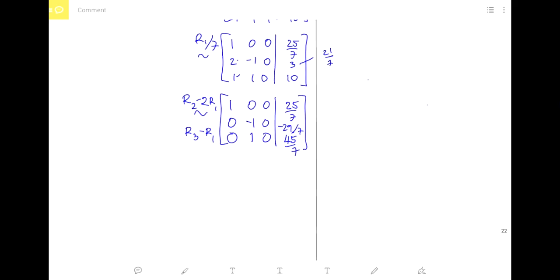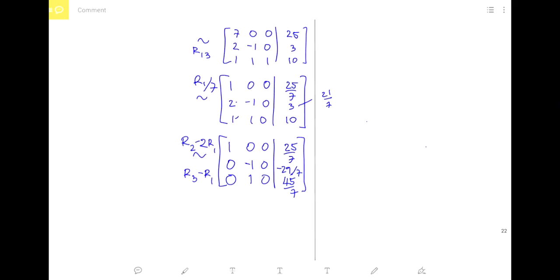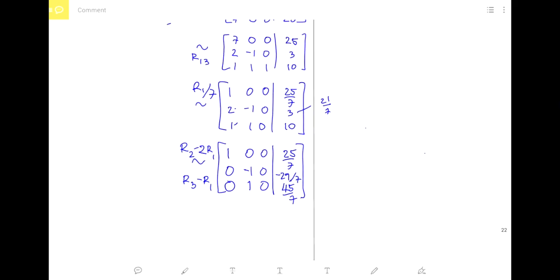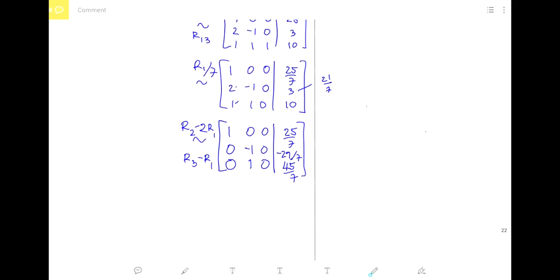Okay. Is it correct now? Did I make a mistake? See, I try to be so careful, but I made a mistake here. It's 11110, right? This is 11110, and then I come here and I write 11010.